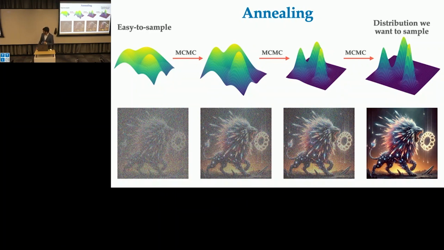And now you feed in a sample from the first distribution to a Markov chain which tries to sample from the second, feeding the output of that Markov chain to the third, and so on, until you actually have a sample from this distribution on the right that you care about sampling from. So in general, as far as theoretical analyses of annealing go, there have been several situations where one has been able to analyze annealing for some problem using problem-specific structure.